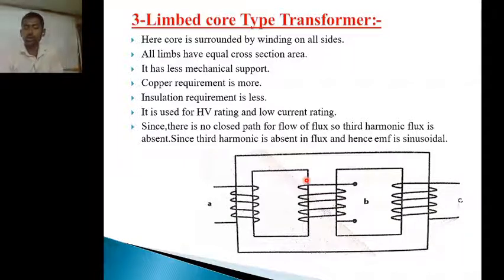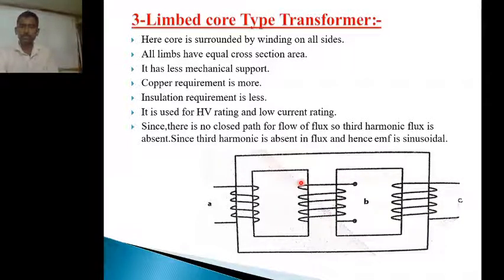Why? Because those harmonics are more severe in the operation of the transformer. If there is a path for the third harmonic, then there will be losses in the transformer. Here there is no path, so there is no third harmonic in this core type transformer.